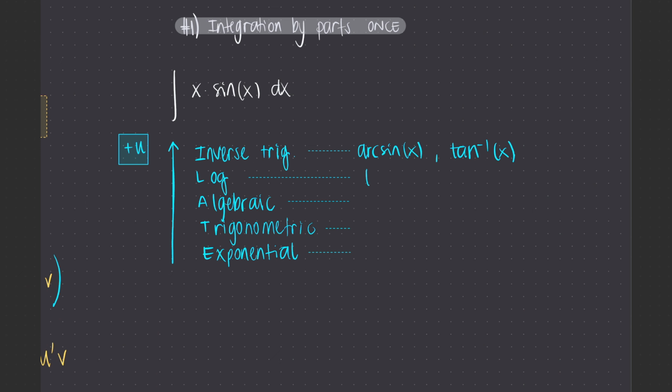So they go in the fourth option, which is trig. For logs, we have, for example, log base 10 of x or ln of x, or for example, ln of x minus 1. For algebraic, we have x squared, or let's say 2x plus 1. These are all algebraic functions. For trig, we have sine of x or cosecant of x.